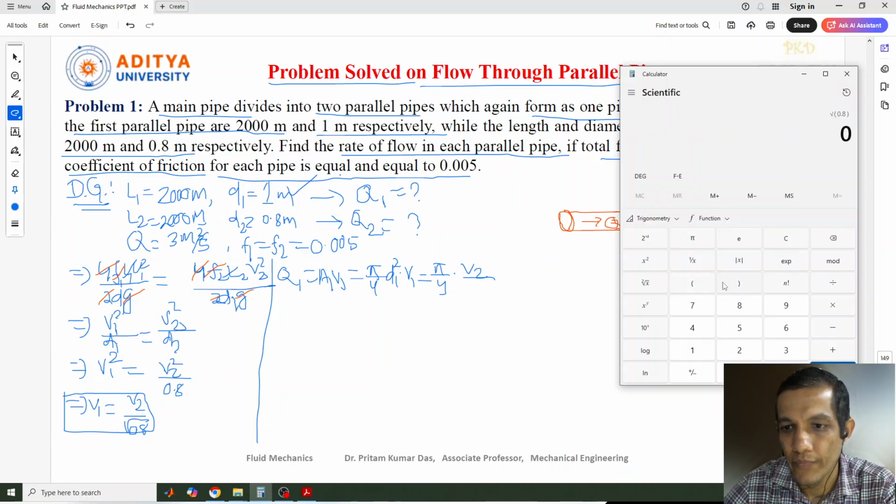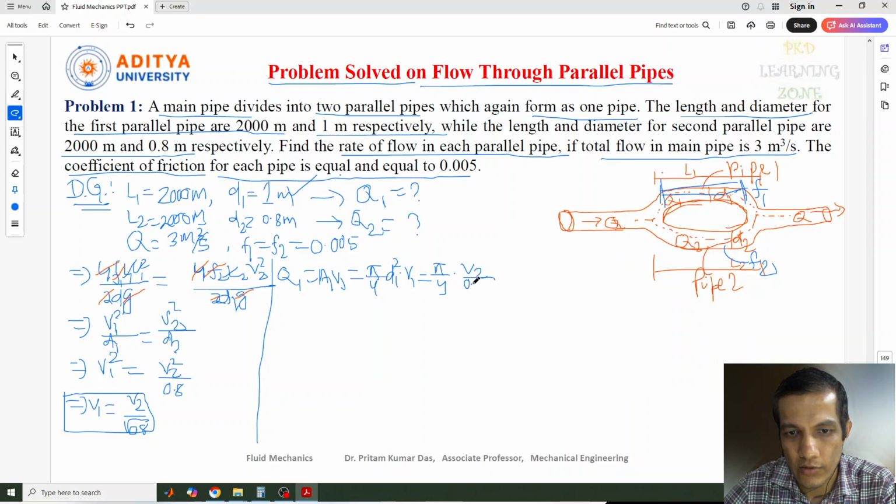Root over of 0.8 is 0.894, so the same thing I can write here. Now similarly we can find out Q2. Q2 equals A2 V2, which is pi by 4 D2 square into V2.